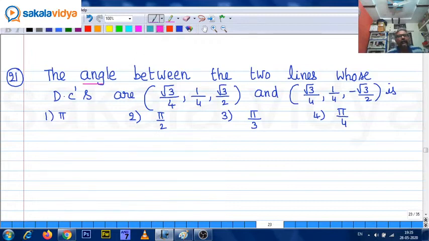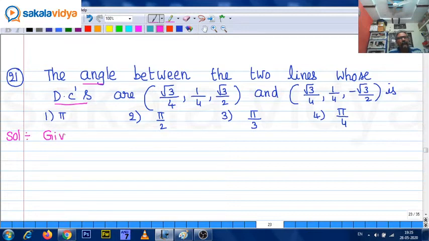The angle between the two lines whose DCs are √3 by 4 comma 1 by 4 comma √3 by 2 and √3 by 4 comma 1 by 4 comma minus √3 by 2.